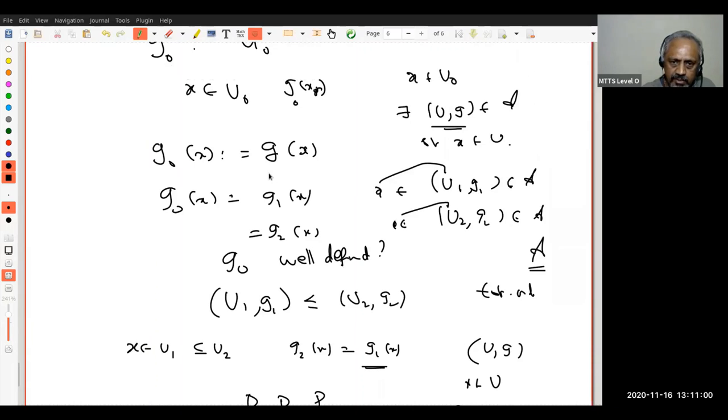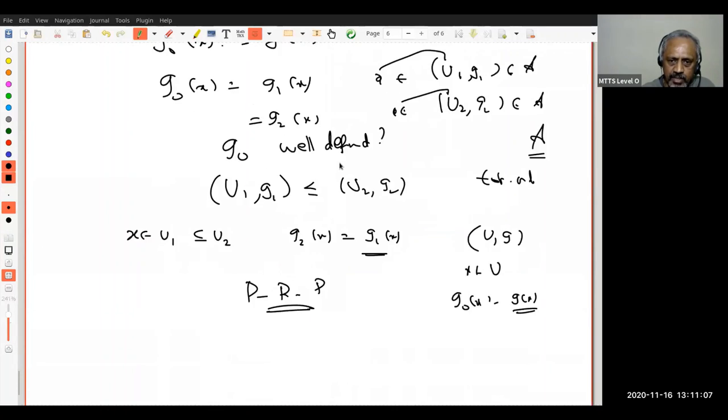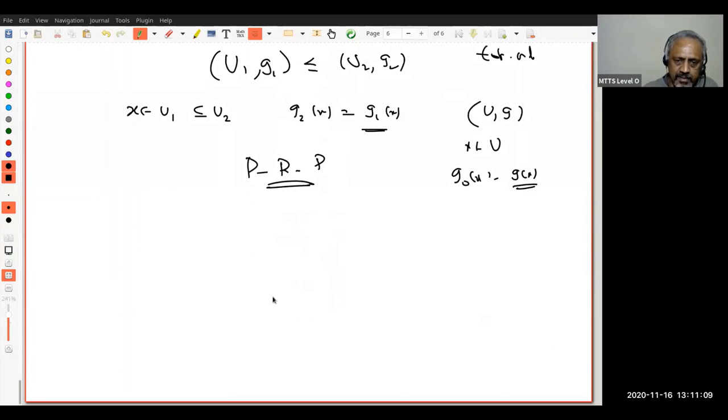Okay. So, what have I shown? I defined the function g naught from u naught to R, and it is well defined. It is a very natural way of defining. Very good. So, let us look at u naught, g naught. I want to say it's an upper bound.